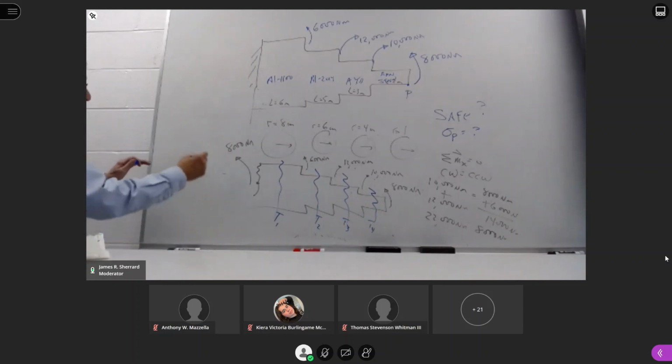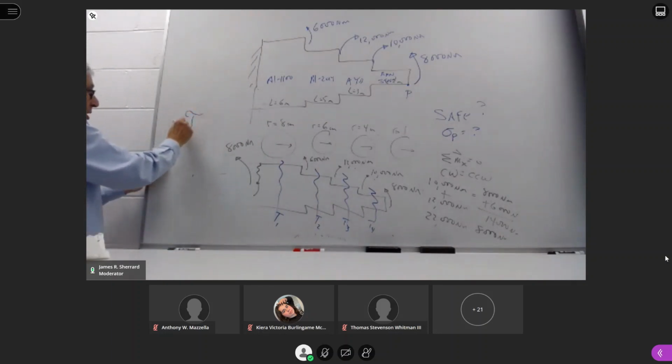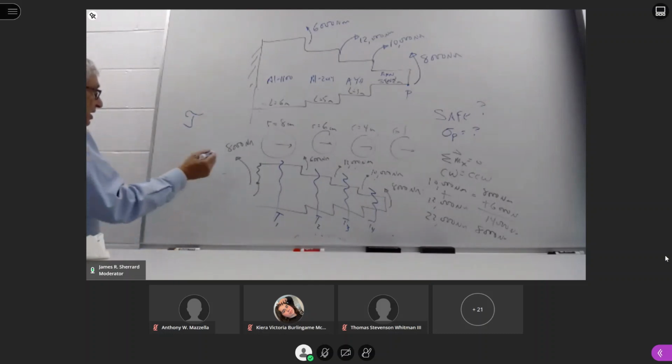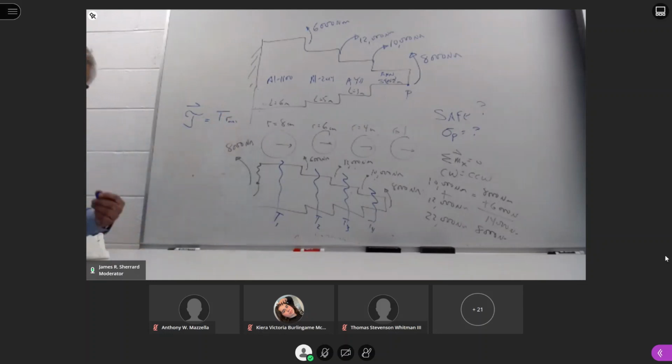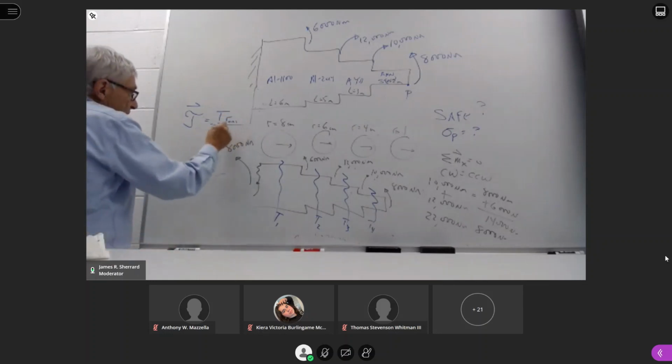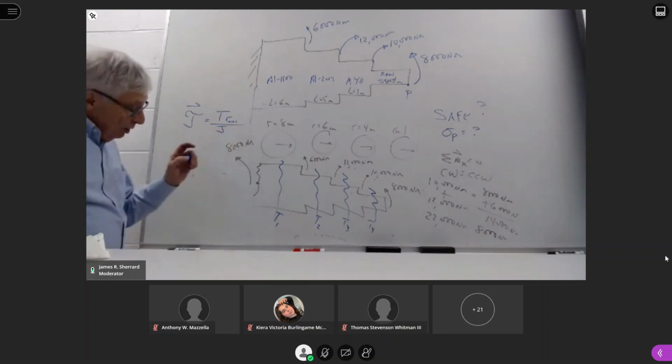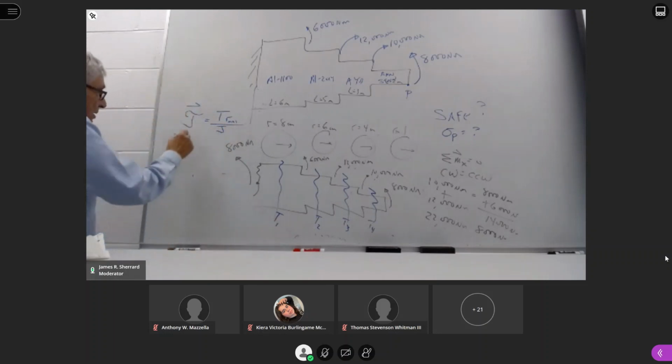And then for my safety, I know the shear stress created in any region is equal to the torque in that region times the maximum value of R, because we're always concerned about failure, divided by J.